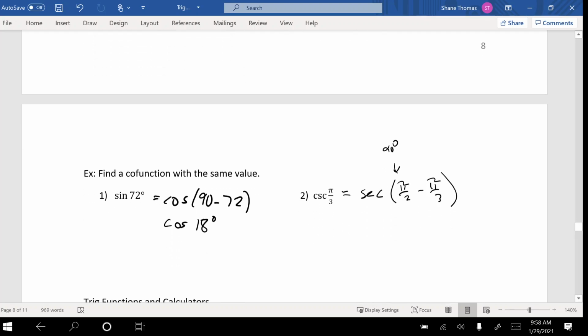Now I have to find a common denominator here. What's the common denominator of 2 and 3 going to be? 6. So I had to multiply this first one by 3, so it'd be 3 pi over 6 minus 2 pi over 6. 3 minus 2 is 1. So that leaves me with just pi over 6. So the secant of pi over 6 is the same as the cosecant of pi over 3. Questions? All right with that?